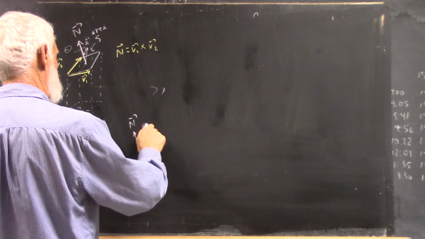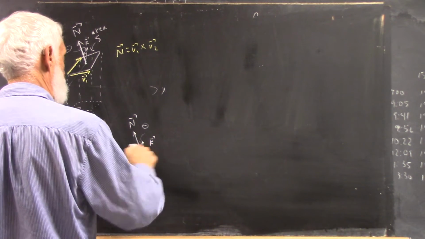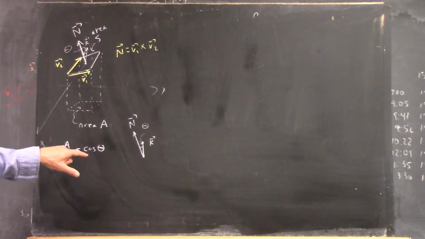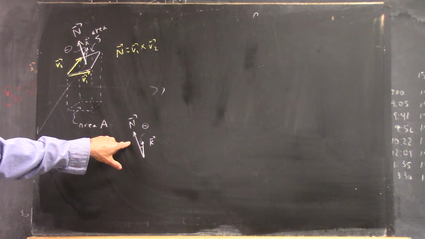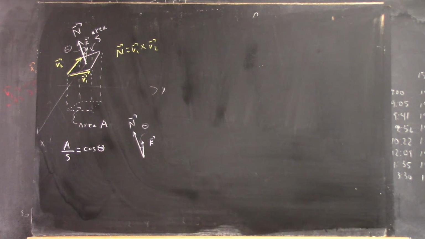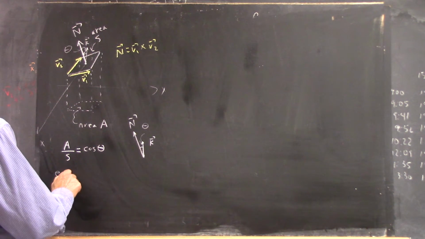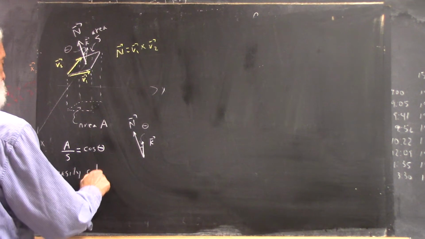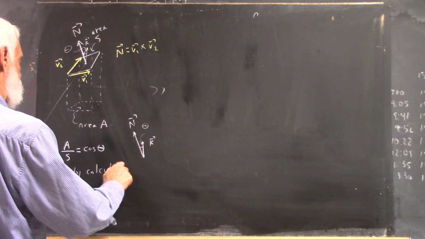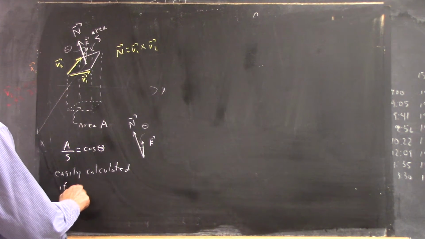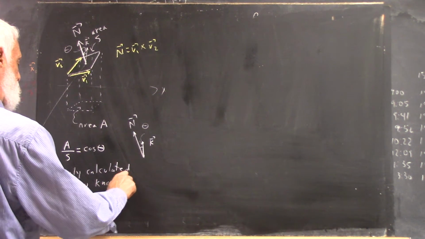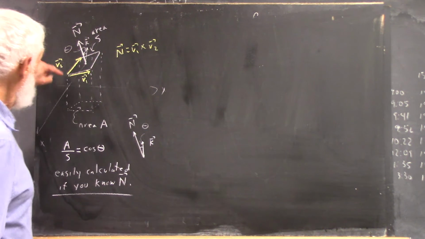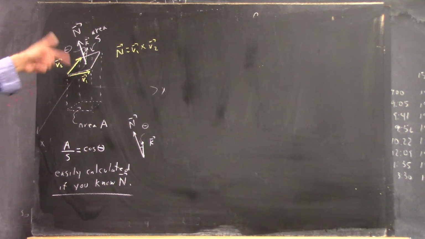Here's K. And here's theta. And this is easily calculated if you know the normal vector. Okay? And of course, n is equally calculated if you know the dimensions of this thing, right?